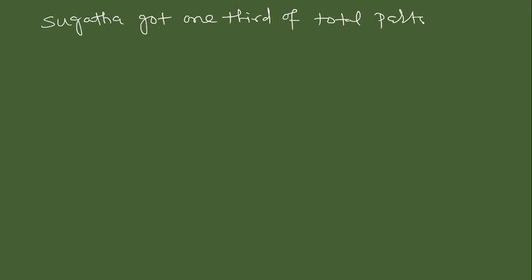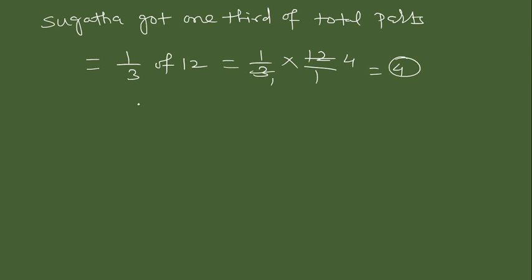Total parts is 12, and 1/3 of 12 is equal to 1/3. Instead of writing 'of', write here multiplication sign 12. There is no number in the denominator, so take it as 1. 3 1s are 3, 3 4s are 12, so the answer is 4. Sugatha got 4 parts.